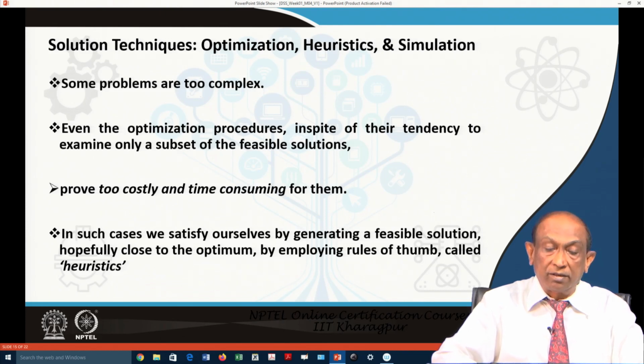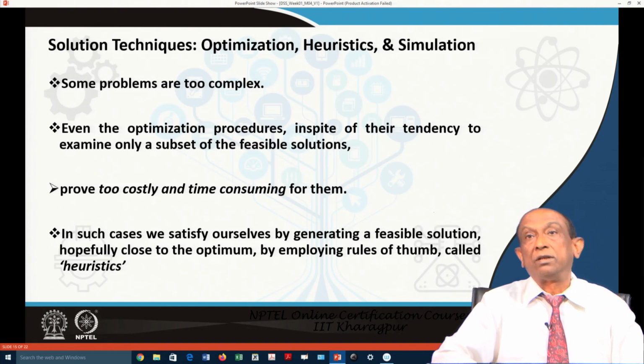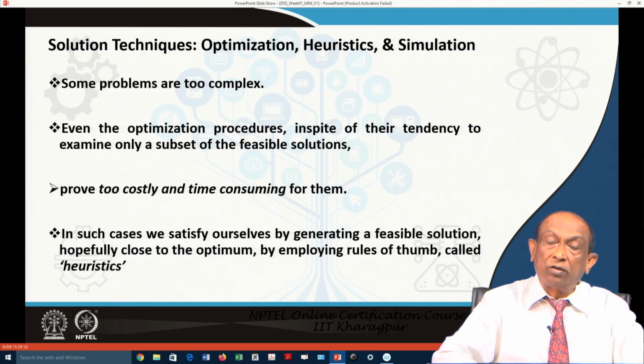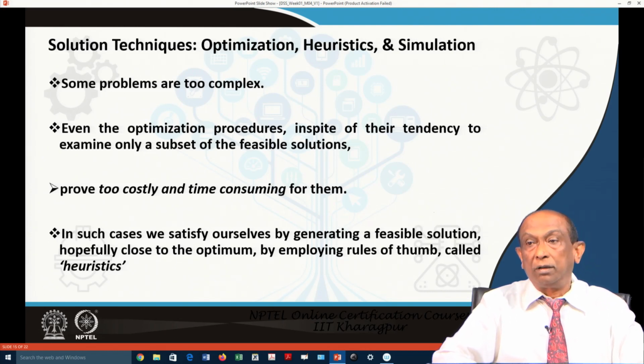In such cases, the managers satisfy themselves by generating a feasible solution which is effective and hopefully very close to the optimum solution, by deploying some rules of thumb, and these rules of thumb are called heuristics.